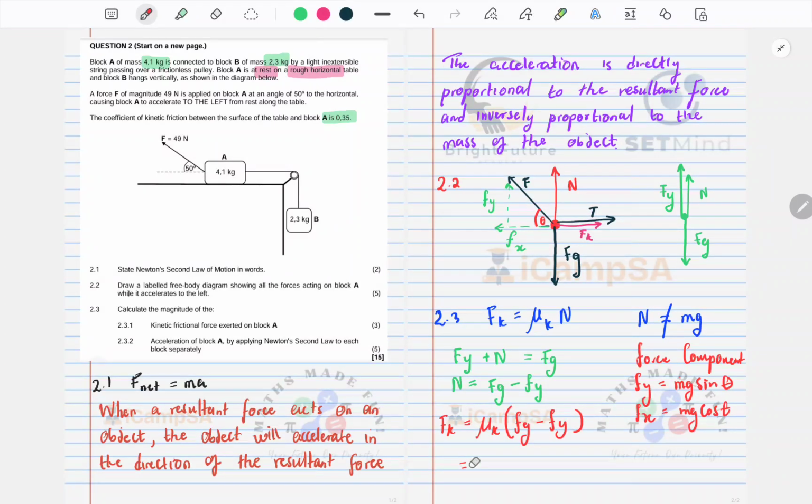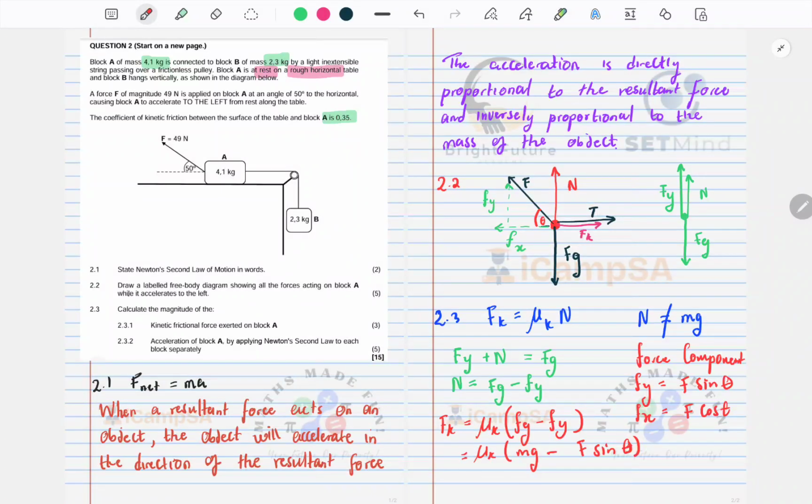So this is going to be mu K, Fg is mg, this is weight, minus Fy is F sine theta, like this, right? No, it's not mg, it's F. So this is supposed to be F because we are talking about the component of F. This is F, right? We are talking about this force here.